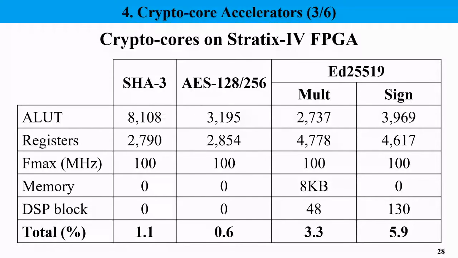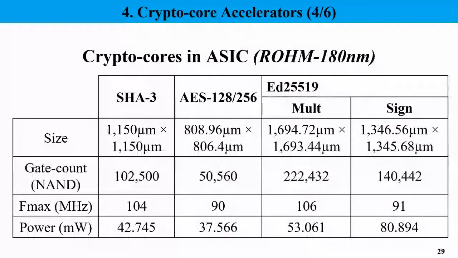The SHA-3 and the AES are purely logic implementations, so they are smaller. In ASIC, the area of occupation is consistent with the FPGA. ED25519 is still the biggest because of the memory utilization. The other 3 cores are purely logic implementations because they only use multiplications or just bit operations over the stream.